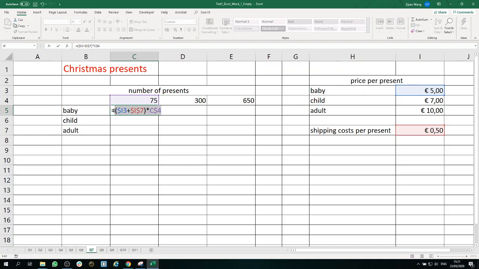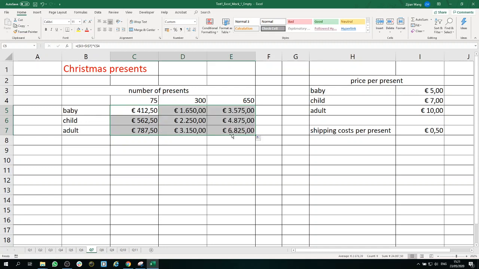So this exercise actually tests you many small functions, and if you achieve this part, then we are safe to drag it both downwards and horizontally. If you compare to the answer, it is exactly matching.